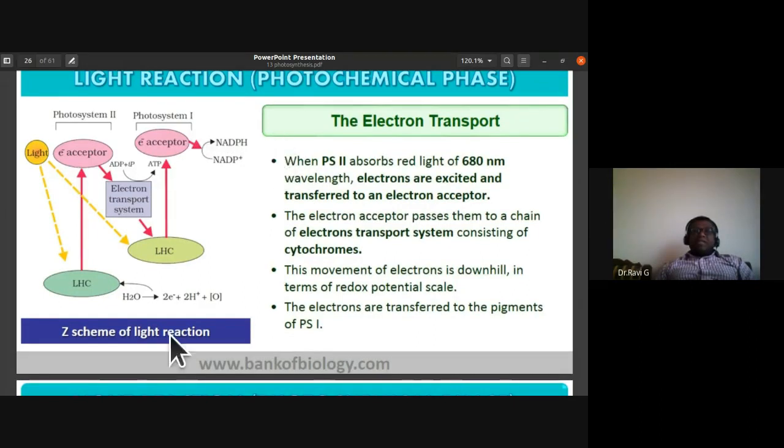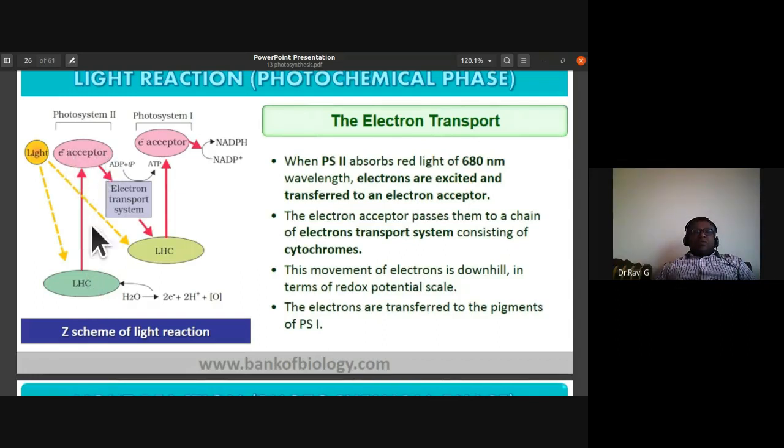Now let us understand the Z scheme of the light reaction. Before that, the electron transport. Whenever photosystem 2 absorbs red light of 680 nanometer wavelength, electrons are excited and transferred to an electron acceptor.